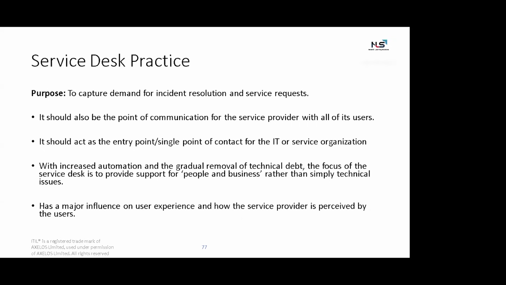This has a major influence on user experience and on how the service provider is perceived by the user. The same example shows how this matters: you have a major insurance policy and have paid a major insurance premium for it. Now you need admission in some hospital and nobody is picking up the call.